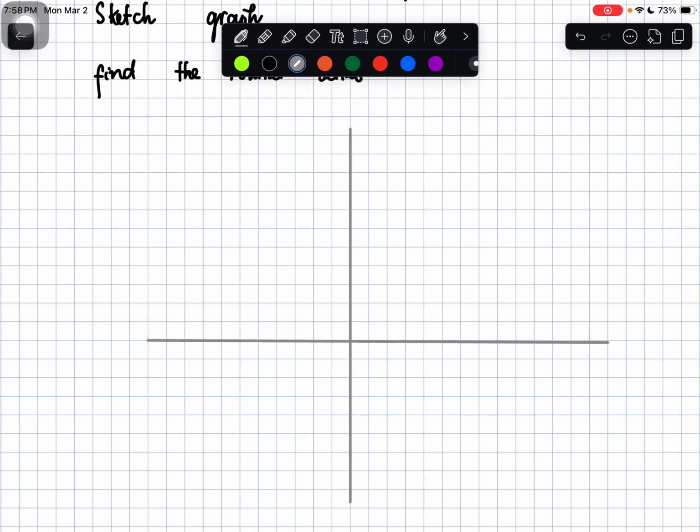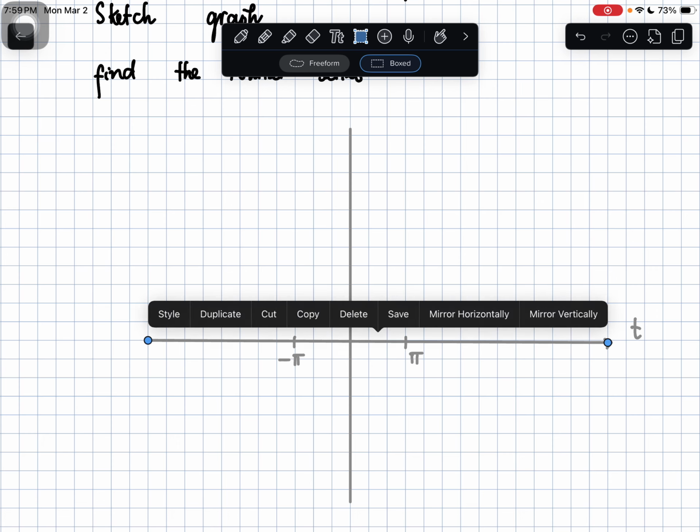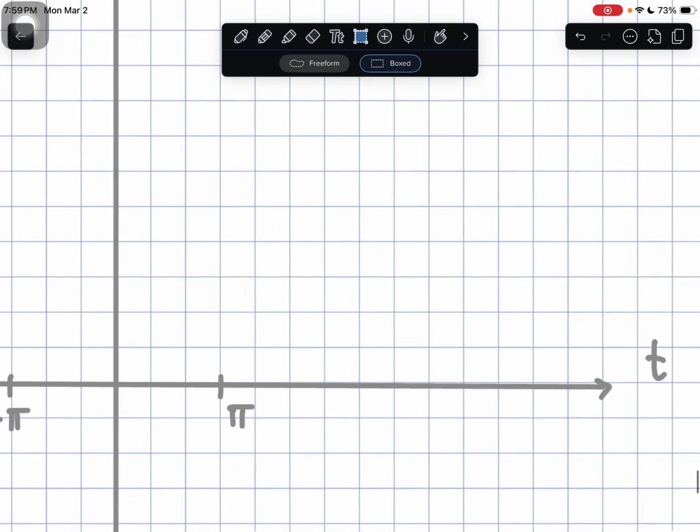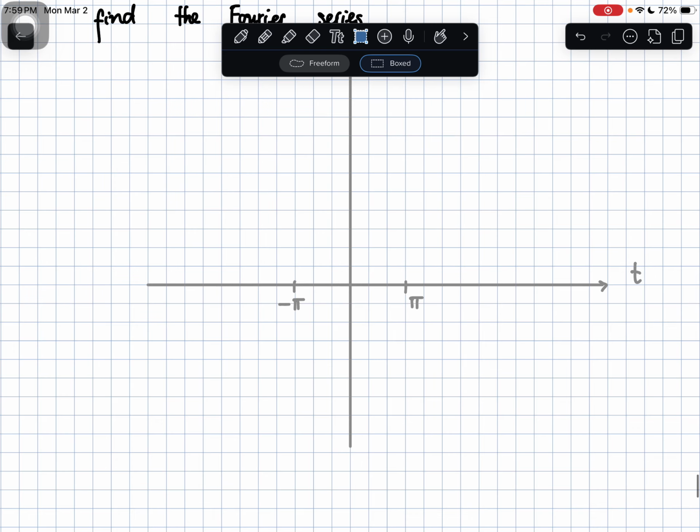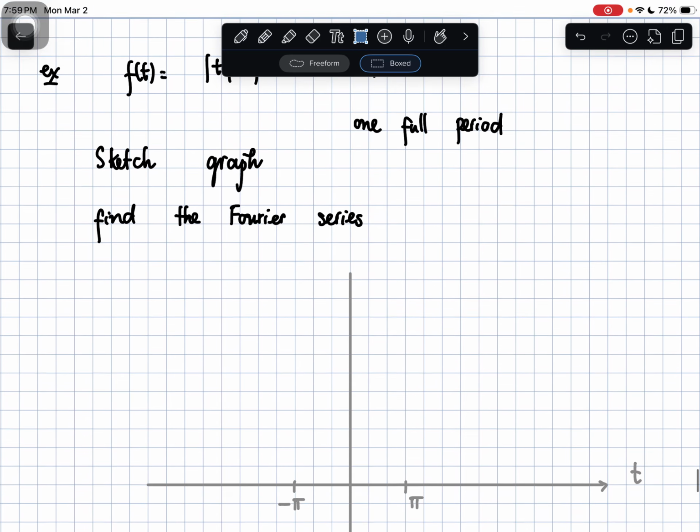Let's say minus pi to pi. This is t. Now it is the absolute value of t.